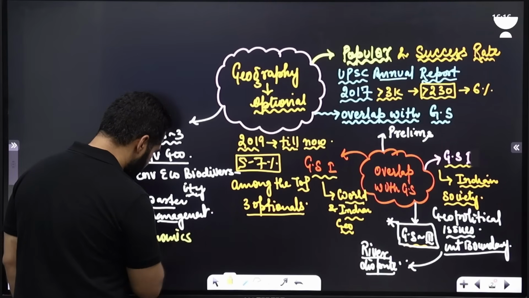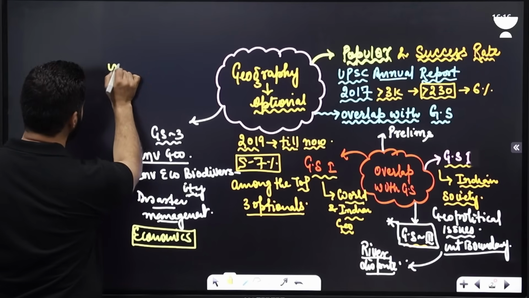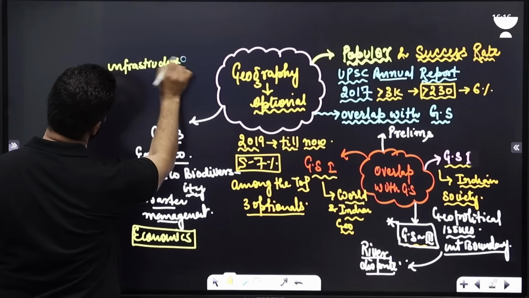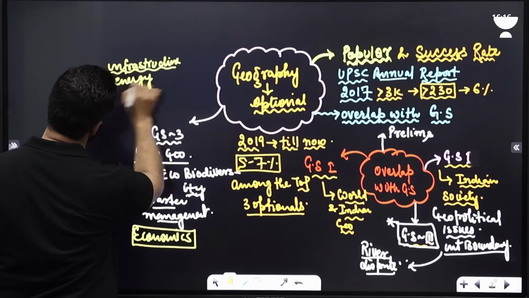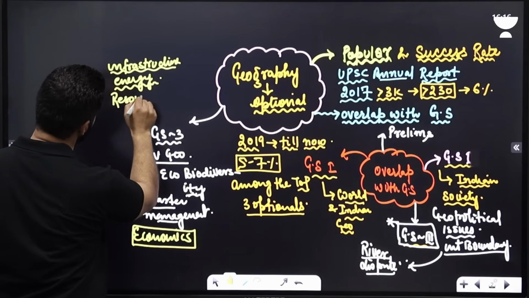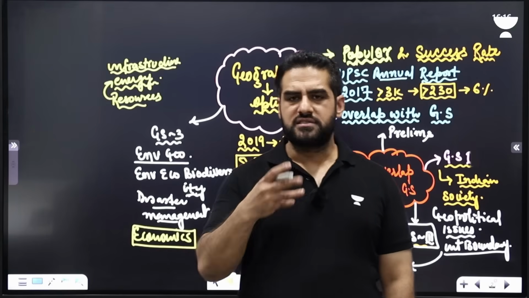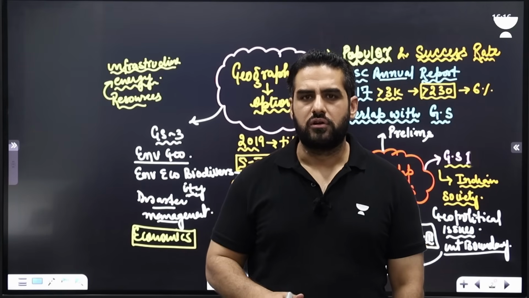there is a good coverage of economics also, specifically infrastructure, energy, resources. Though both are part of resources only, there is a good overlap of all these subjects in our optional also.